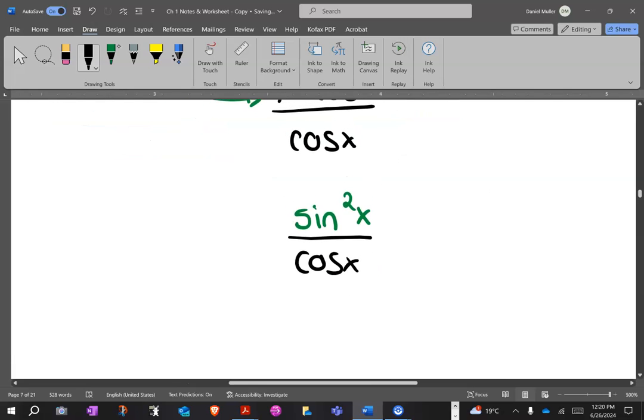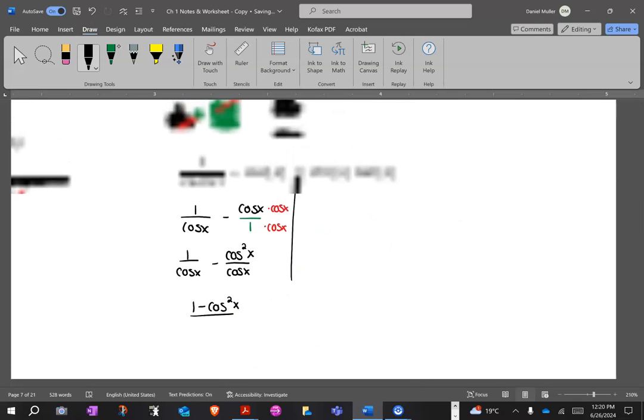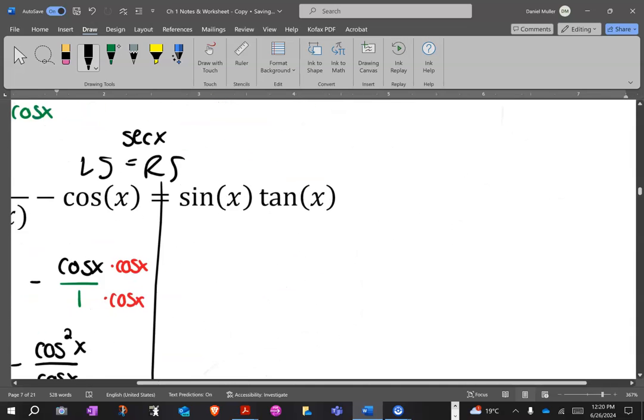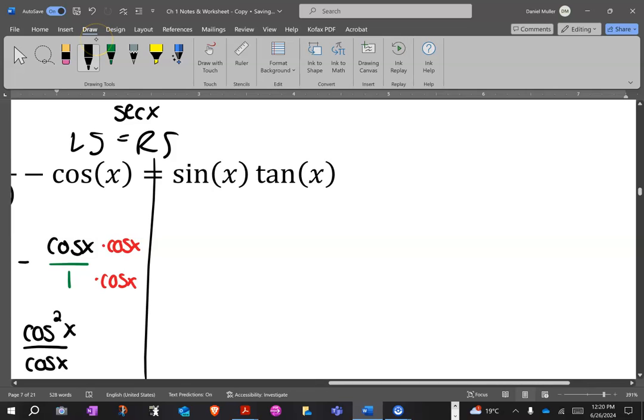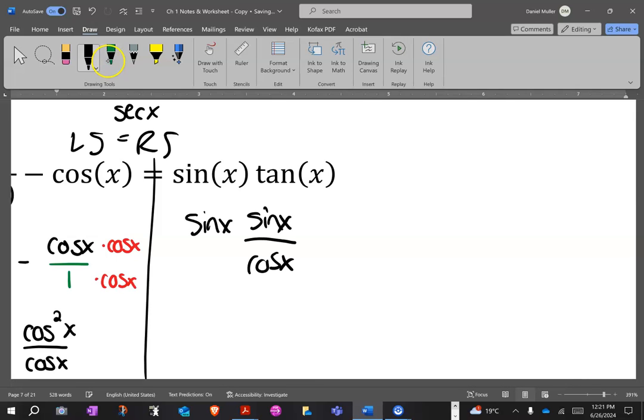Tangent is sine over cos. So I need, if I'm looking at this, I can't do the right side, but I'll do this a little bit. Sine is just sine. Tan is sine over cos. So I basically have a sine cos, or a sine squared cos.